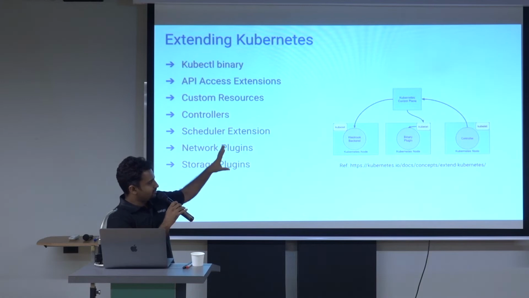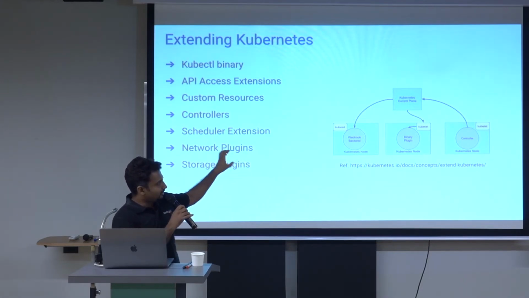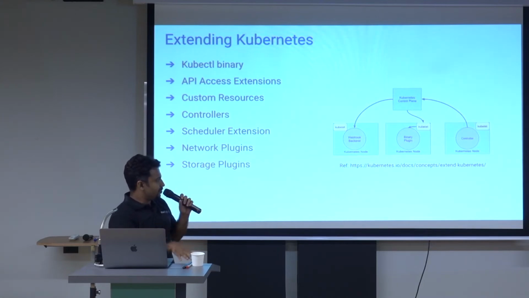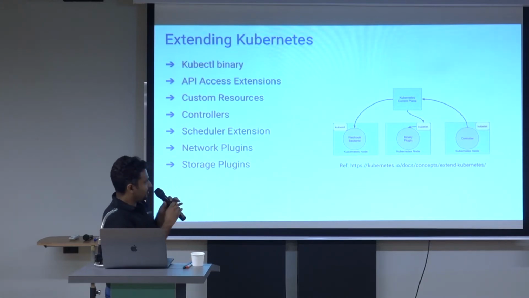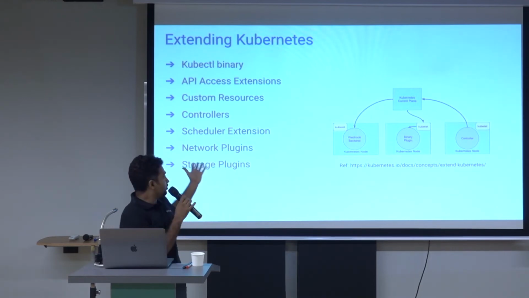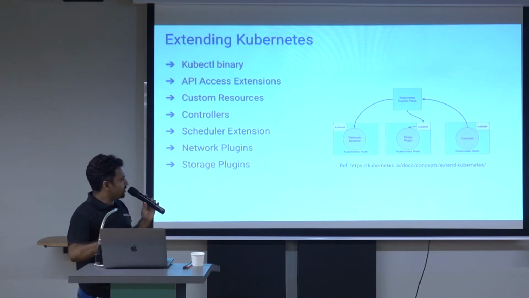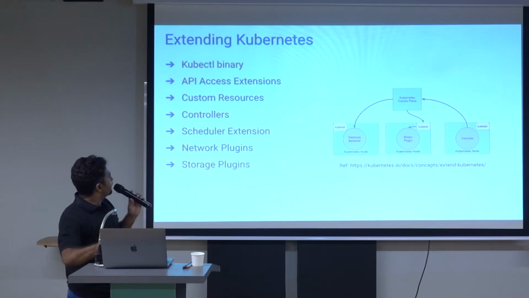A controller accesses the Kubernetes APIs in order to do its functionality, so the controller is going to be a client of the Kubernetes API. With a webhook, the Kubernetes API will be the client of the webhook. And a binary plugin would be loaded by kubelet or kubectl. So those are the three different modes in which plugins will be loaded.